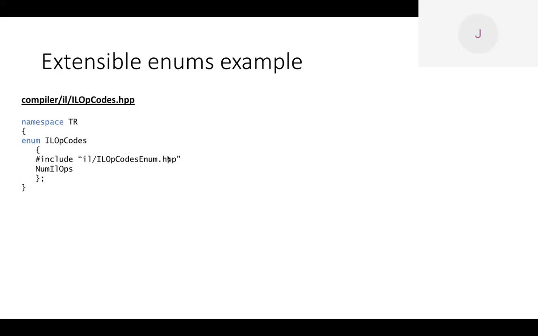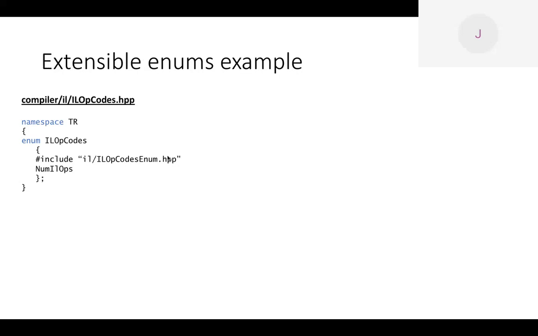So here's an example of how the IL opcode names are defined. This is actually an enum. If you look at how it's defined, in the TR namespace, that's where the IL opcodes enum lives, but the data part of the IL opcodes is actually just a pound include.